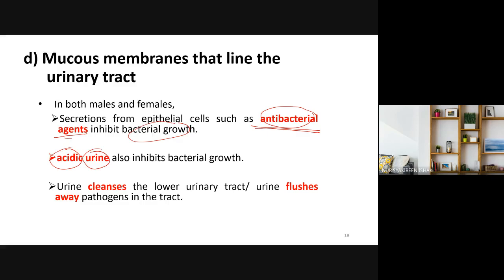So when the urine is acidic, this inhibits the growth of the bacteria. Okay, as the urine flows through the urethra, it gives acidic condition to that area that prevents growth of bacteria. So the urine also provides a washing mechanism. Okay, so this is to cleanse the urinary tract or flush away pathogens of the urinary tract.